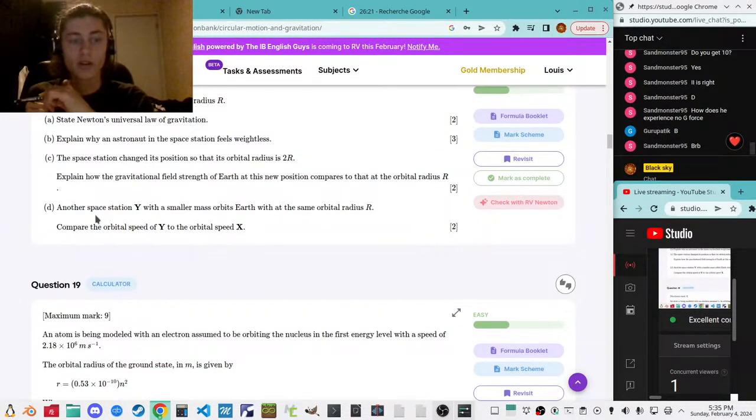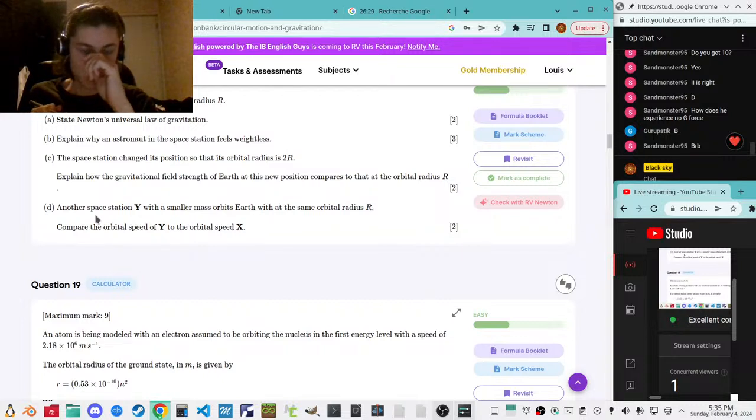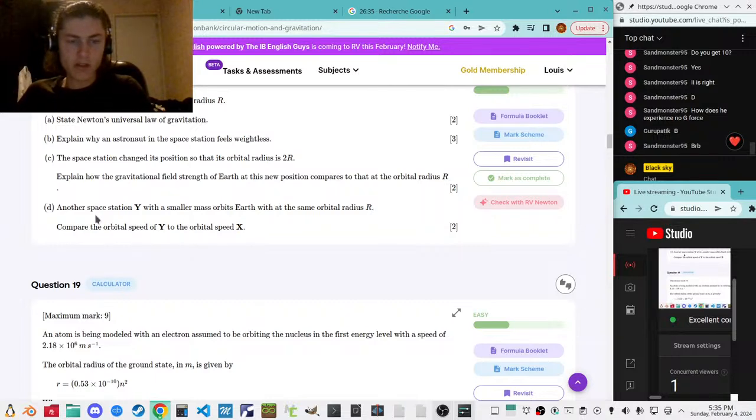Another space station Y with a smaller mass orbits Earth at the same orbital radius r.